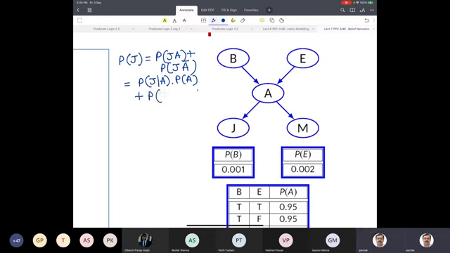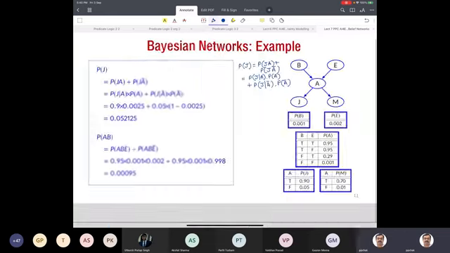The next one will be Pj not A, will be Pj given not A into P not A. PA we have just found out in the previous page. So now we find this.